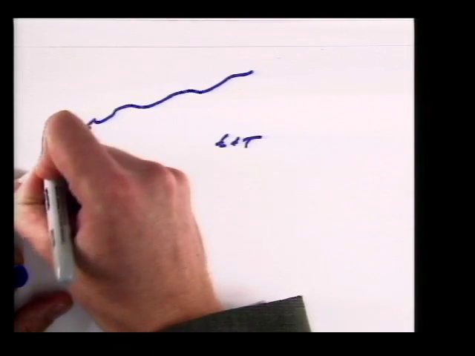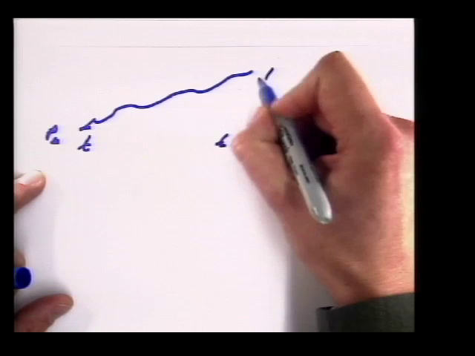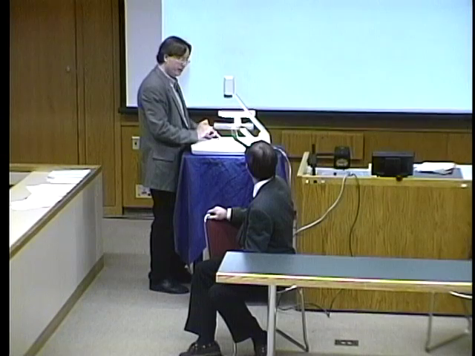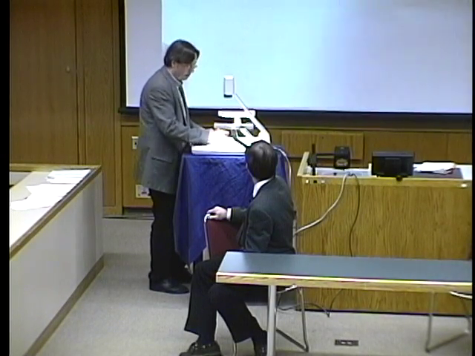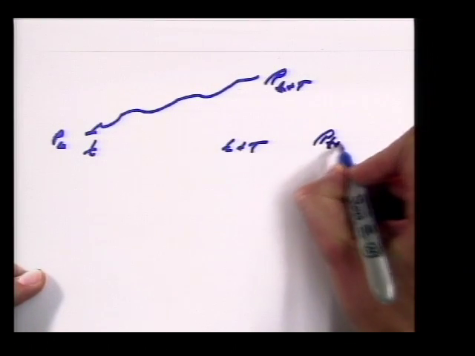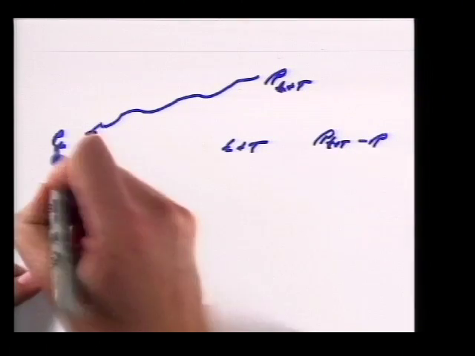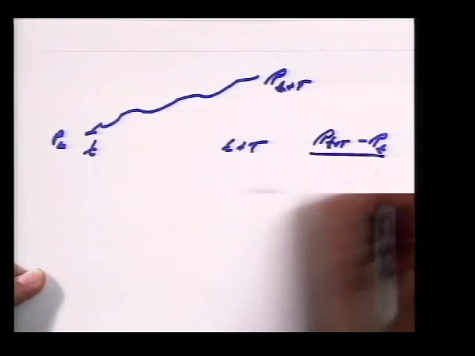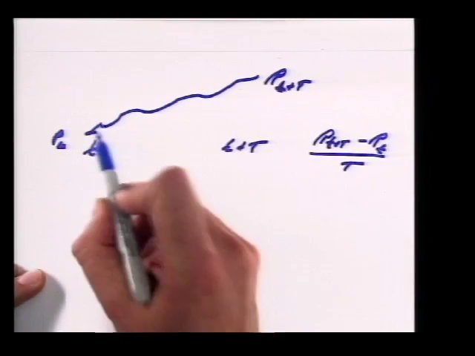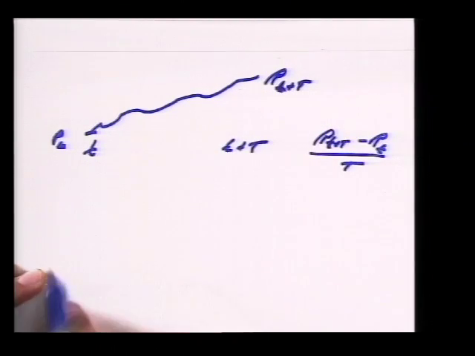If you want to estimate the expected return over this time period, basically what's going to matter is something like the price at time t plus T minus the price at time t, divided by how many time periods I'm looking at, T. That's my rough estimate of the average return increment over this period.